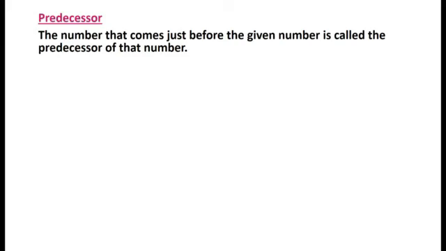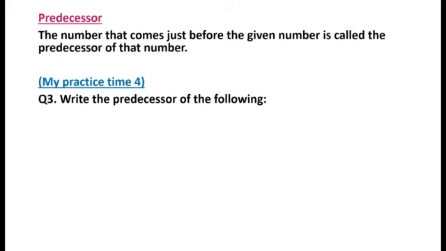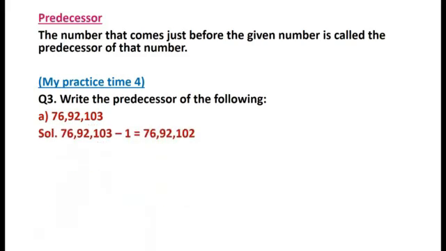So you see here, write the predecessor of the following. Question number 3 from My Practice Time 4. Let us understand this. The given number is 76,92,103. The predecessor will be, when we subtract 1 from the given number, 76,92,102.